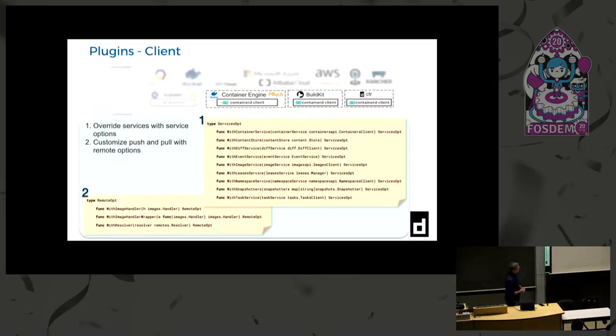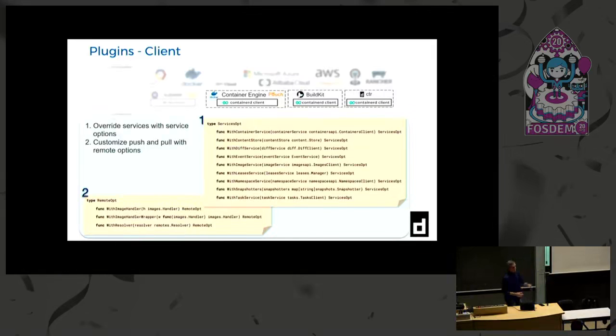These slides will be online later if you want to look deeper. But this is how you can actually customize a resolver. Say you write your own registry, it's not OCI compliant, you just have your own way of resolving hashes to layers and manifests. You can customize that fully with the remote opt, again, without changing a line of Containerd code.